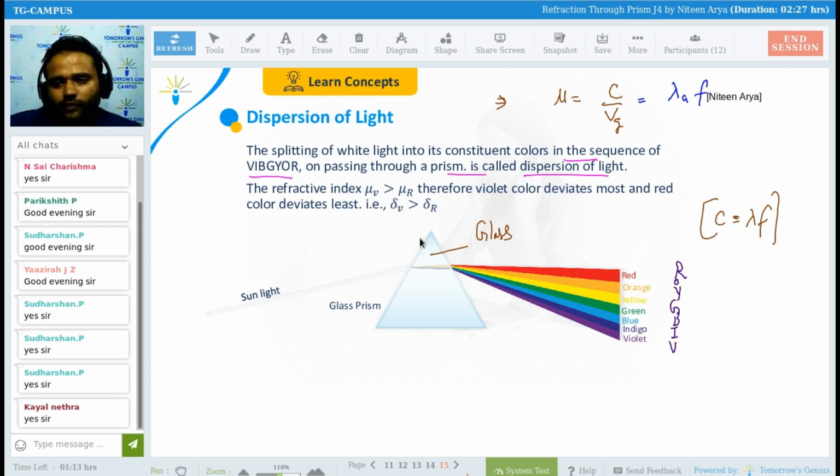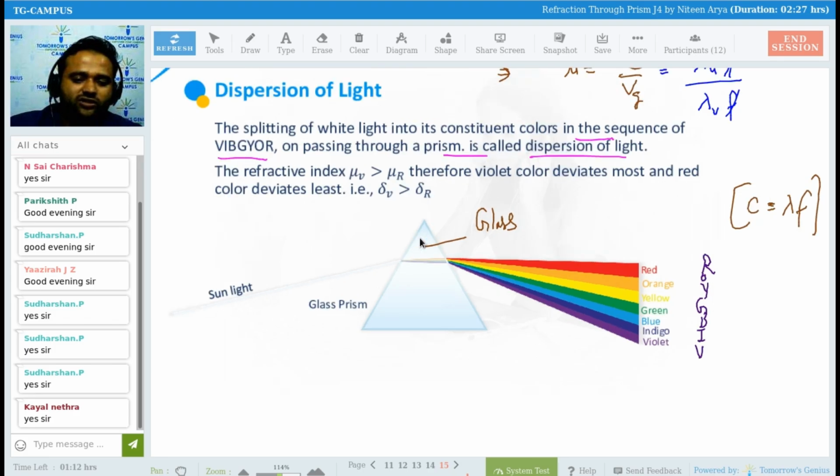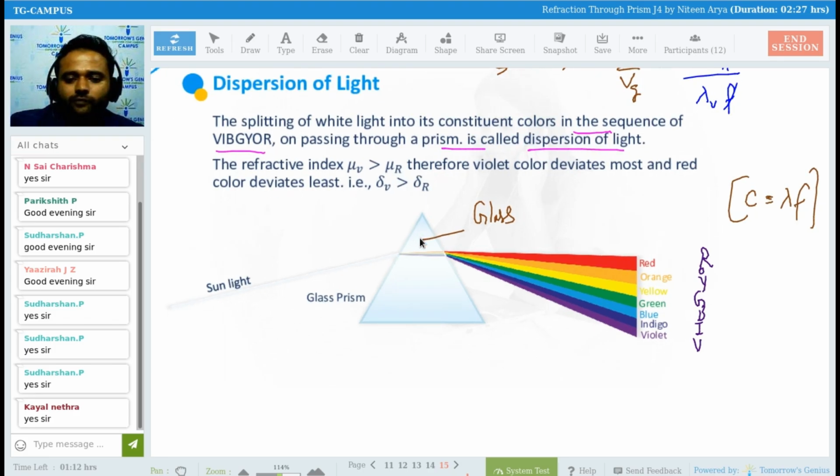Lambda in air into frequency divided by lambda in glass for different colors. For this component, violet, and the same frequency. We know that the wavelength of violet, in the visible EM wave spectrum, is least. Is this clear?